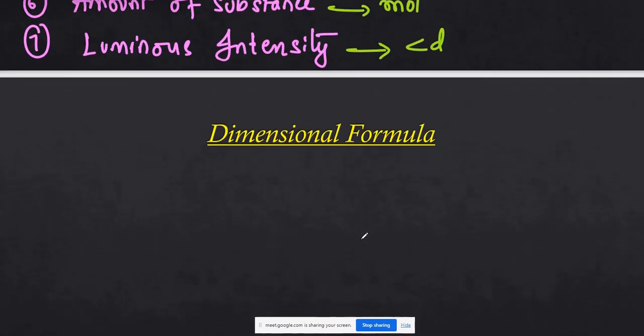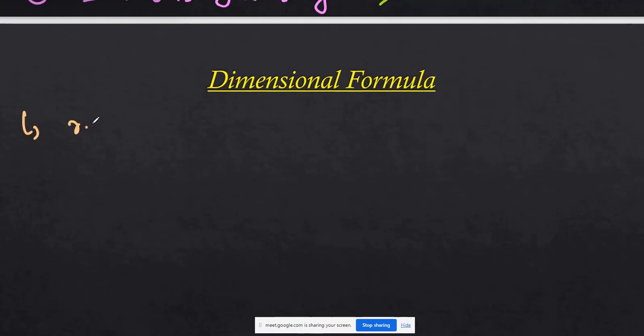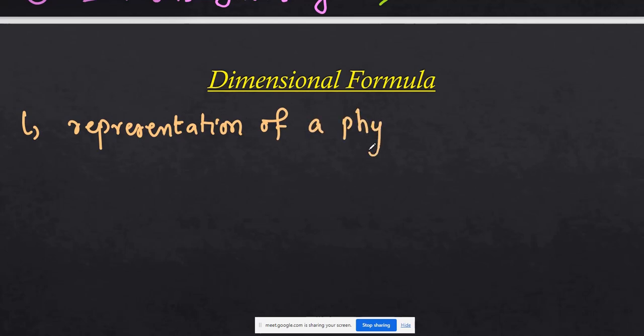Now we'll see the concept of dimensional formula. What is this dimensional formula? Basically, it is a representation of a physical quantity, any physical quantity, let it be fundamental, supplementary, or derived.